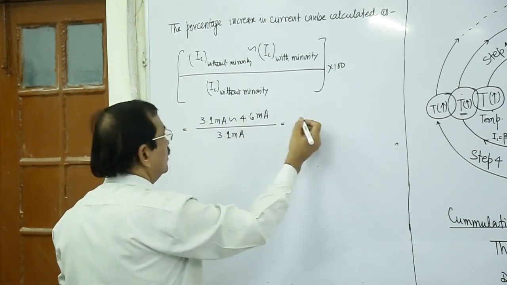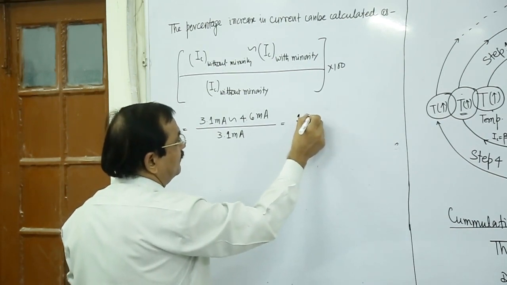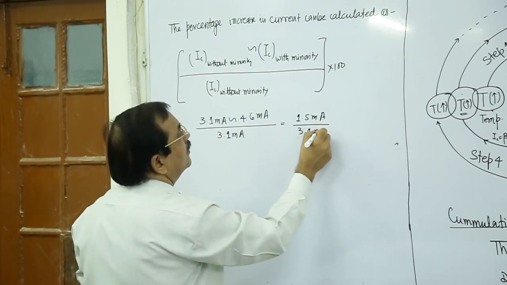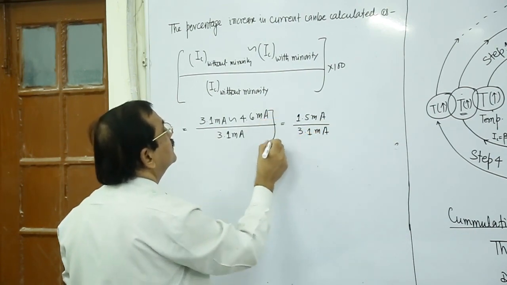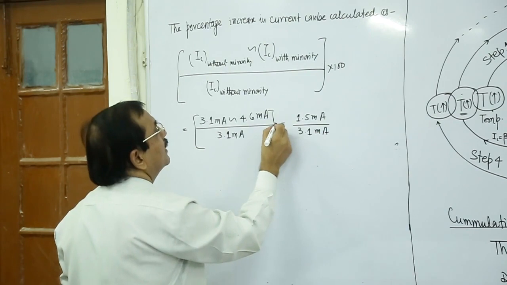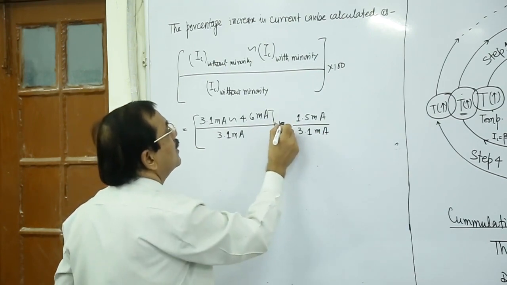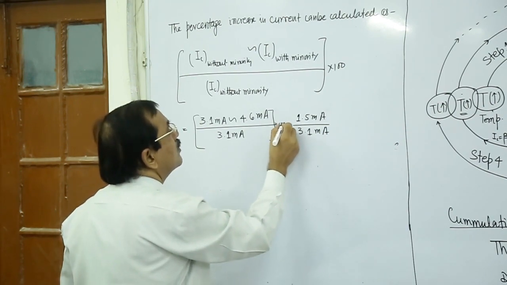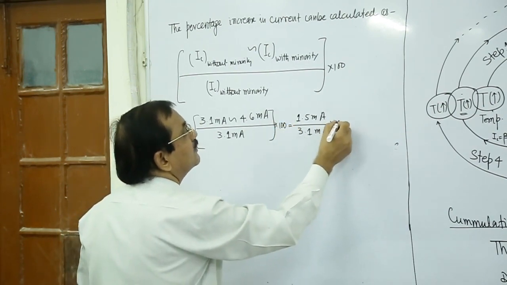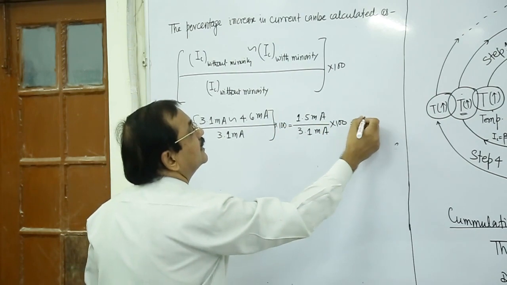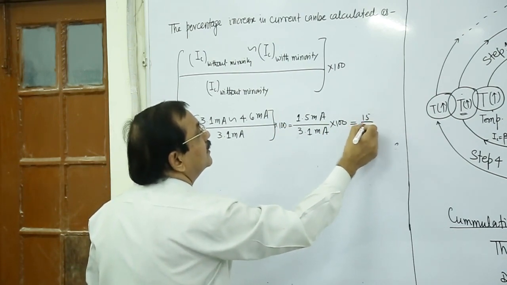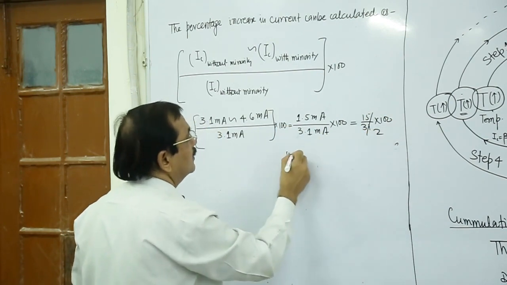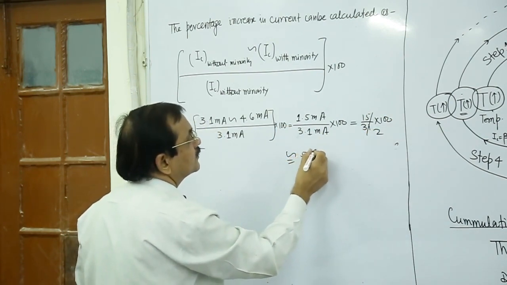This is 1.5 milliampere upon 3.1 milliampere, the whole thing multiplied by 100, which is 15 by 31 into 100. So approximately, this is 50%.